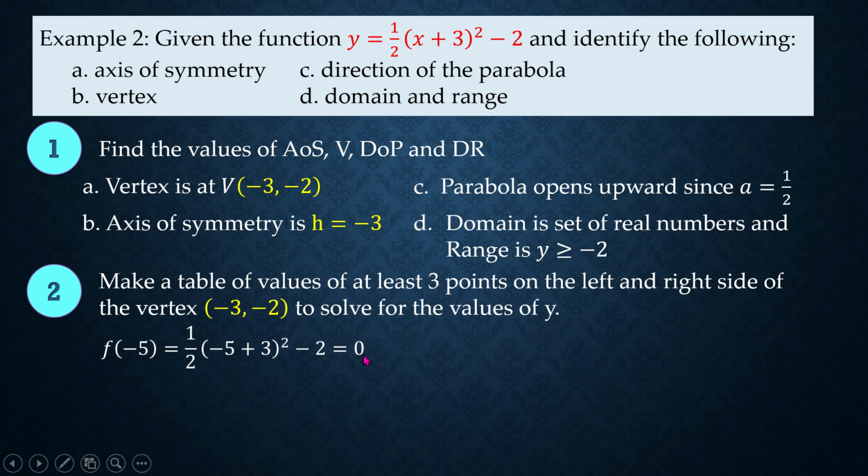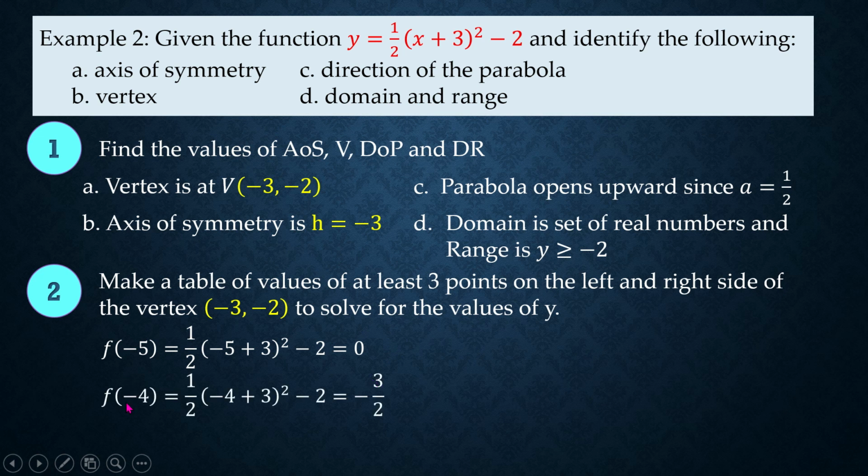Negative 5 plus 3 is negative 2. The square of negative 2 is 4, before multiplying by 1/2. So 4 times 1/2 is 2. Then before subtracting 2: 2 minus 2 is 0.